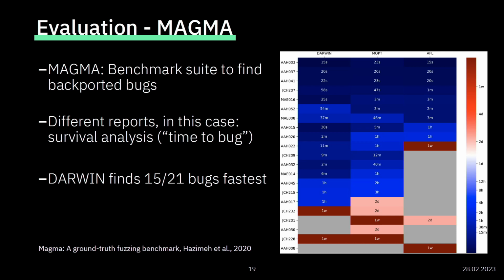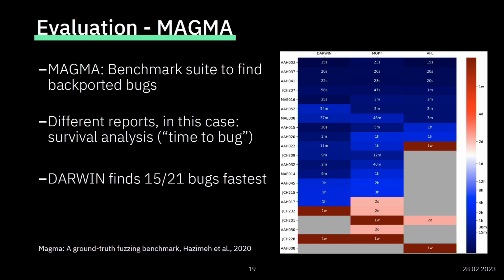So we went on to do some kind of controlled crash experiment. In this case, we based our experiments on a paper called Magma, which is a benchmark suite to find backported bugs in popular applications. It offers a variety of reports that you can generate. In this case, we took the survival analysis because it reflects the estimated time to reach a bug, which was quite interesting.